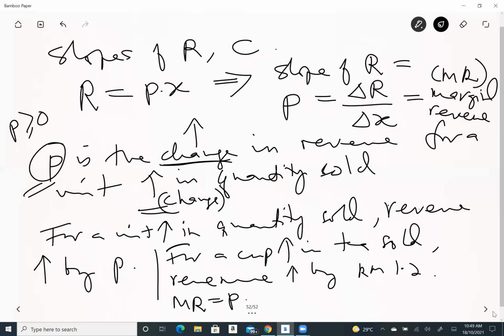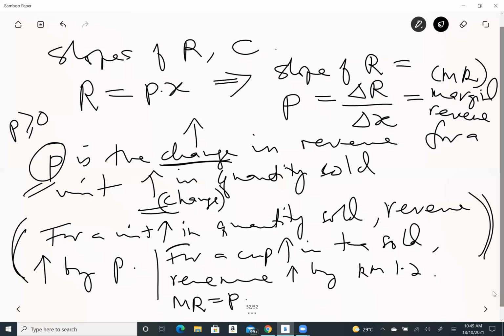In terms of an increase of X, we say it's the increase in revenue for a unit increase in quantity sold. And it is P. So the price is the marginal revenue. Okay, all right. So that's marginal revenue, and that's how we describe it. So there are two different things.